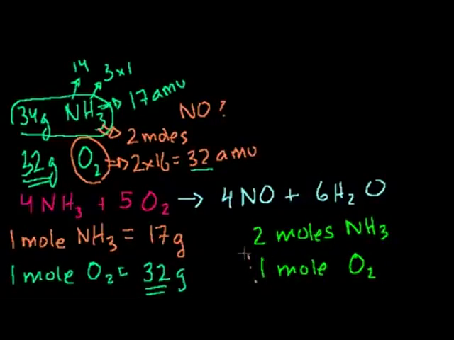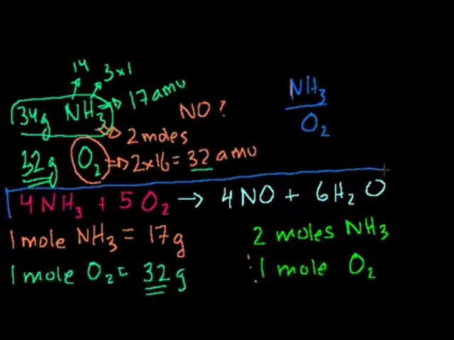Right? In an ideal world, if we had 2 moles of ammonia, we would need 2.5 moles of oxygen, right? The ratio of ammonia to oxygen, let me write that down. The ratio, in a different color, this is getting boring. The ratio of ammonia, NH3, to oxygen in our balanced equation, let me put that in a square so you know this is the most important part of what I'm writing.